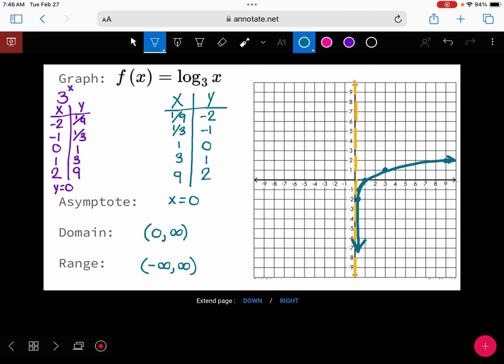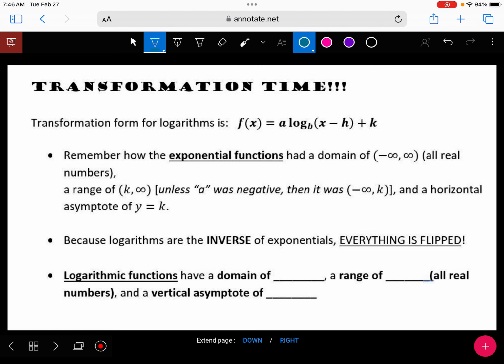Okay, so I'm actually going to put up the first slide of tomorrow because there's a lot of words to write and I want us to have plenty of time. So if you write it down today, it saves us time tomorrow. Because we're going to do transformations using logarithms. This is our transformation form.